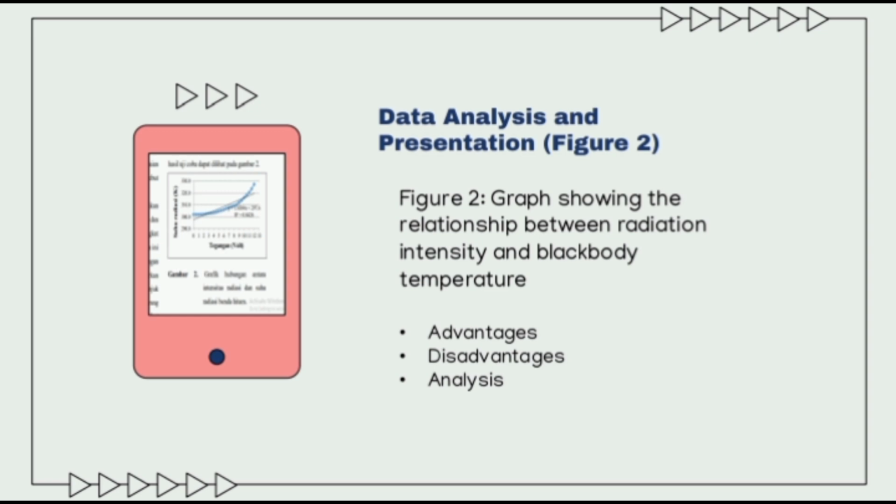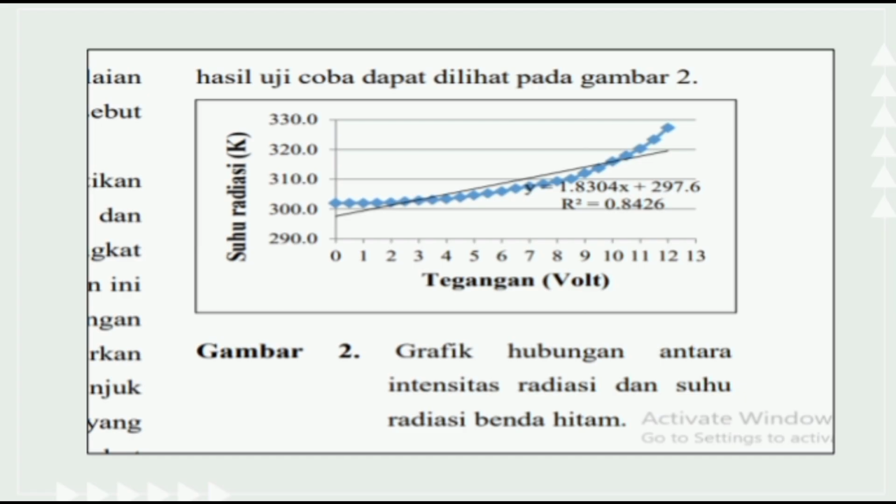Data analysis and presentation. Figure 2. Graph showing the relationship between radiation intensity and blackbody temperature. Advantage. The x-axis, voltage, and y-axis, radiation temperature, are clearly labeled including units.